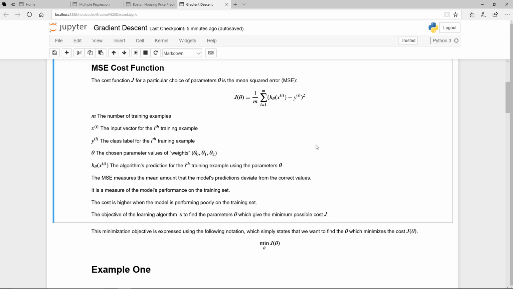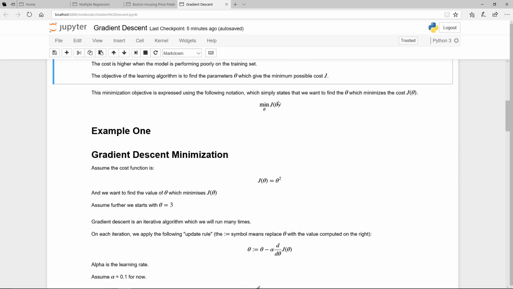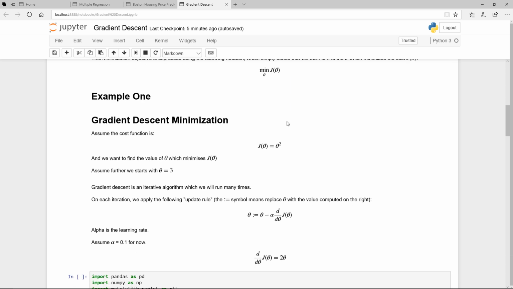The cost is higher when the model is performing poorly on the training set. So the higher the cost, the worse the model performed. The objective of the learning algorithm is to find the parameters theta which give the minimum possible cost J. So ultimately what we're trying to do is minimize that. Hence this function here: minimize J(theta), the cost function.